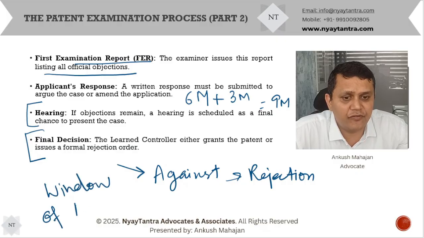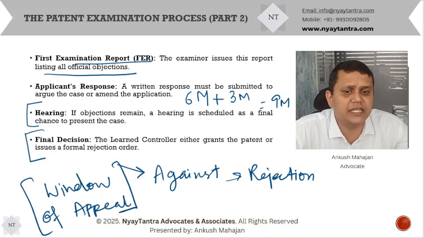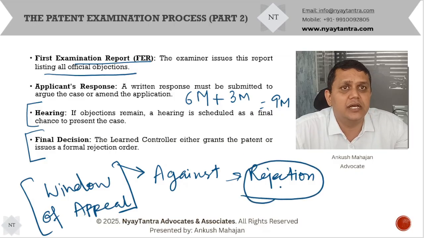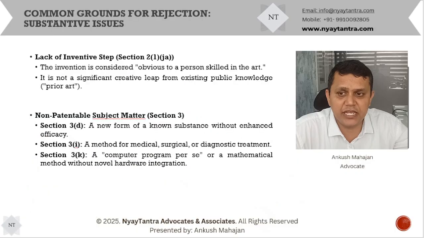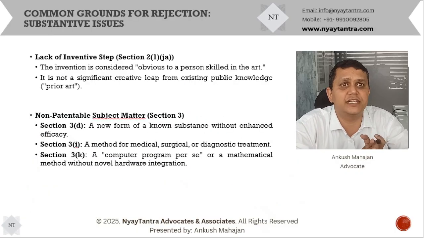Okay, the window of appeal is there, and we are going to firstly discuss the normally common reasons for rejection, so that you get a fair idea of the various circumstances where you can approach the next competent authority to file an appeal against the final order or the decision of the learned Controller. So let's now move forward with the common grounds for rejections on the substantive issues.